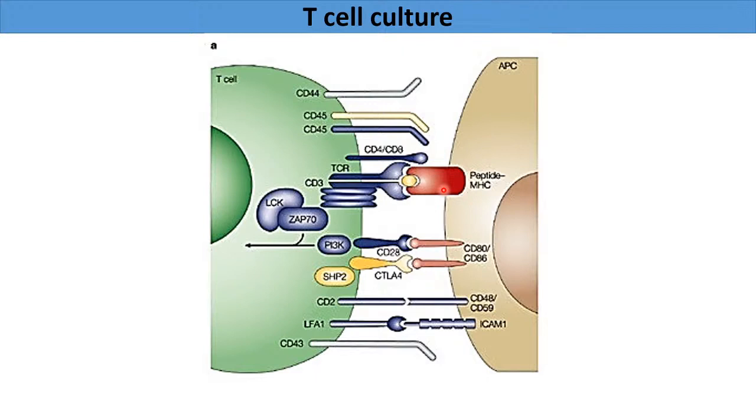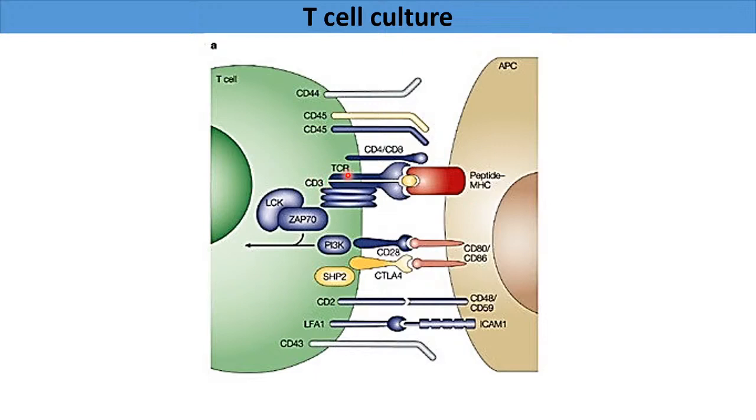So I can start the cell culture. I can make you happy if somehow I get the signal of MHC peptide to my CD3 TCR. Then I will tell the T cells, okay, that's fine, I can arrange that. Then the T cell is going to say, no, that will not be enough.